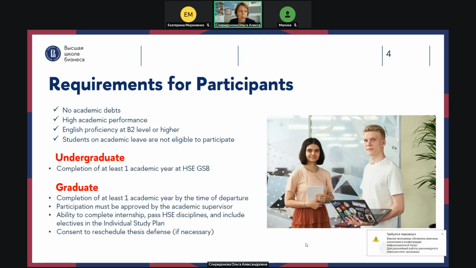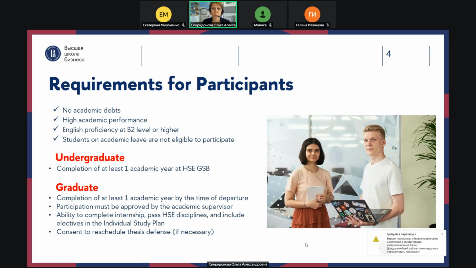It means that if you're a bachelor's student in the first year, you can apply in winter for the autumn, so you'll be a student of the second year, first semester, and the same for masters.